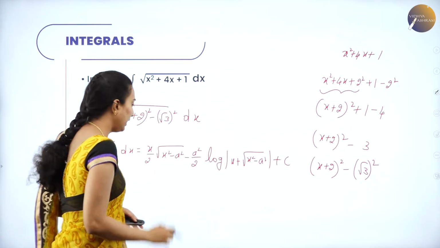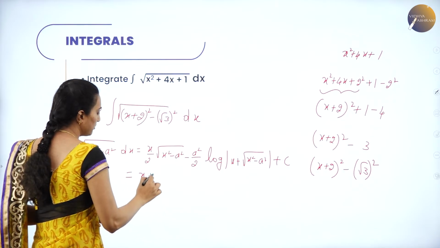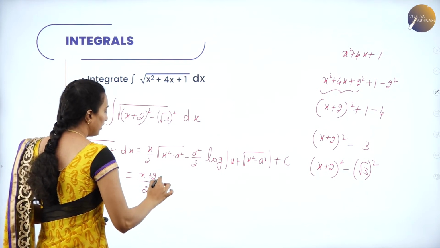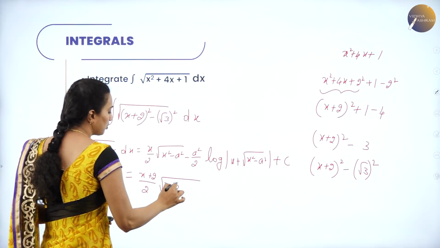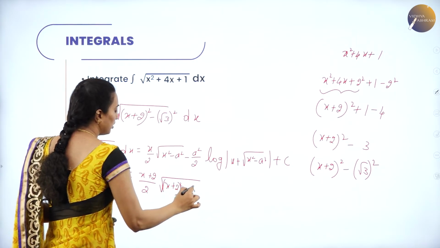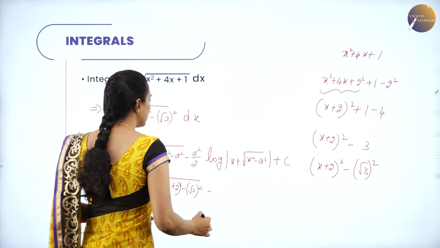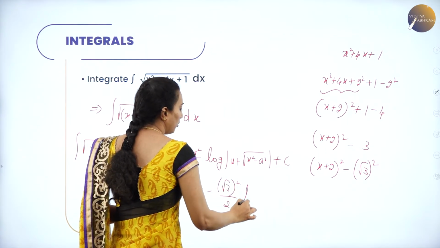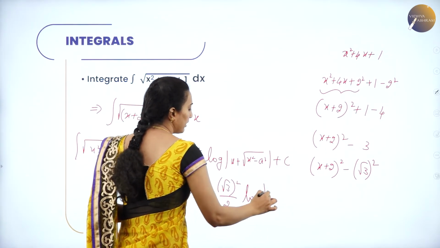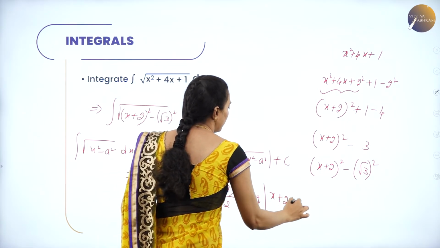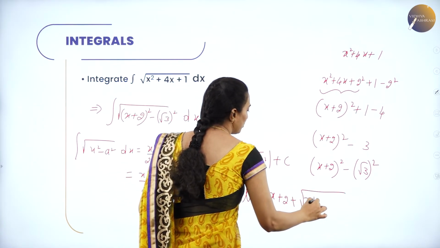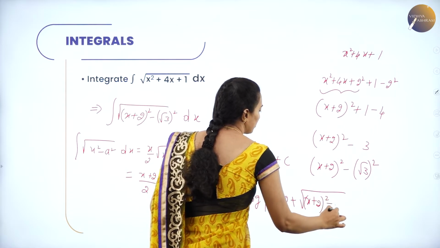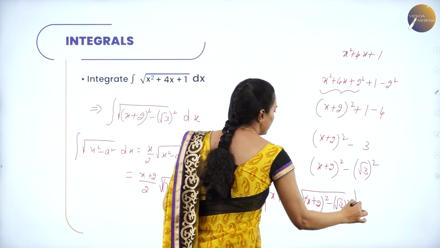Replacing that, we get x plus 2 divided by 2 under the root of x plus 2 whole square minus root 3 whole square, minus a squared by 2, which is root 3 whole square divided by 2, into log of modulus of x plus 2 plus under the root of x plus 2 whole square minus root 3 whole square, plus c, right?